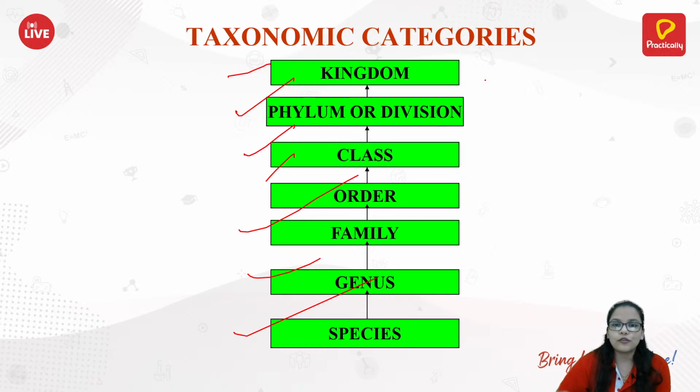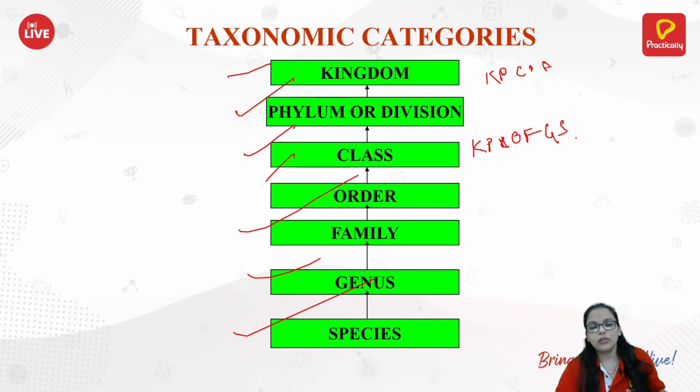If you feel like you're forgetting, you can write it KPC OFGS. Okay, so this is the idea. KPC OFGS: Kingdom, phylum, class, order, family, genus, species. Okay, we'll discuss about it after this.